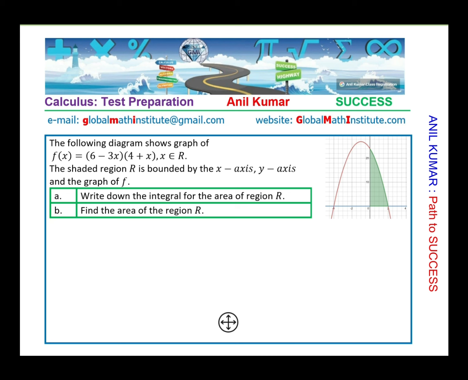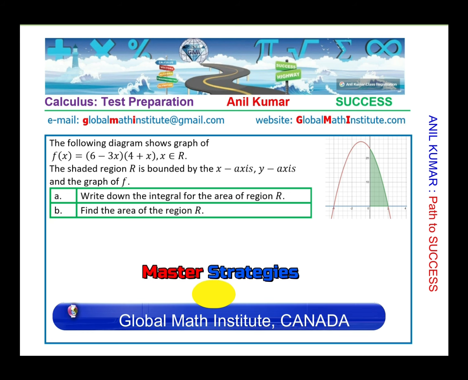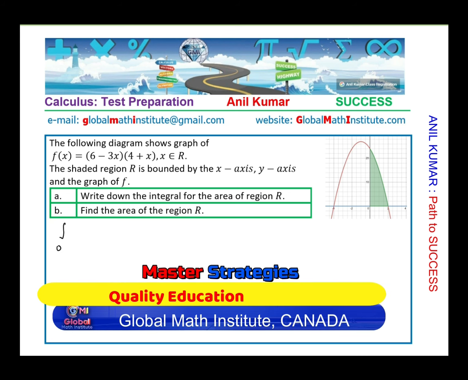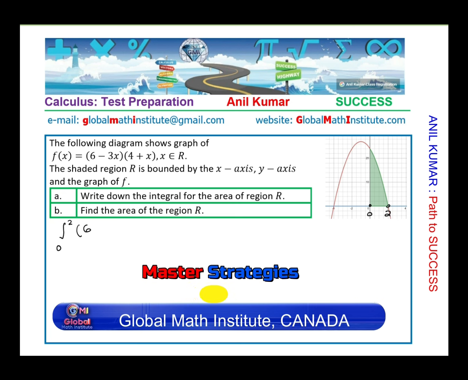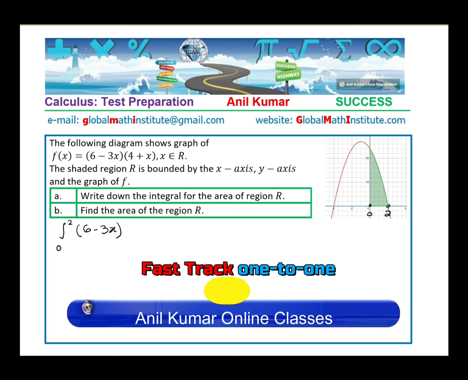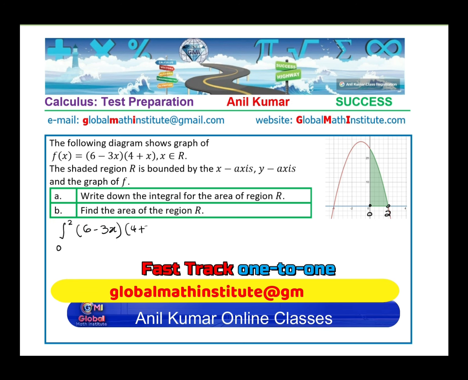Now let's calculate. The area is between 0 and 2, we know this is 0 and this is 2, and the function is (6 - 3x)(4 + x) dx.